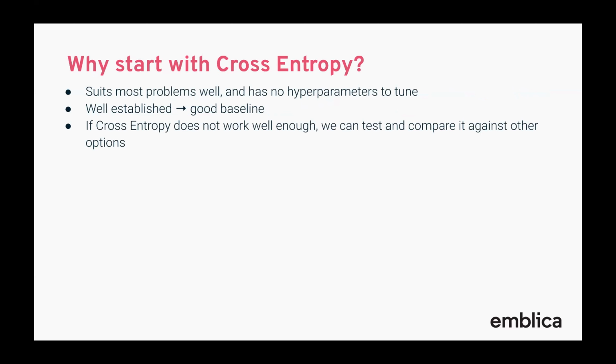We already have enough of those, as Venla showed us earlier. And the cross entropy is well established in literature, so it's a great baseline to compare other perhaps derivatives of the cross entropy loss against the cross entropy itself.